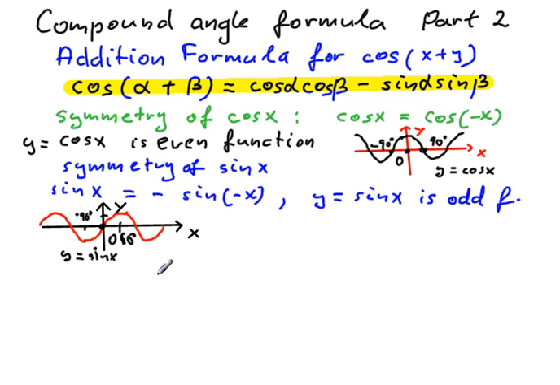Okay, so now let us begin with defining the sum of alpha and beta. We're going to use a little trick here. Cosine alpha plus beta we will define as cosine of alpha minus negative beta.